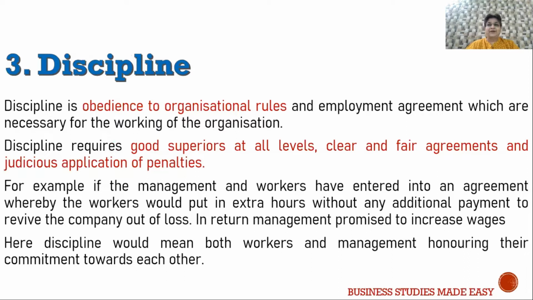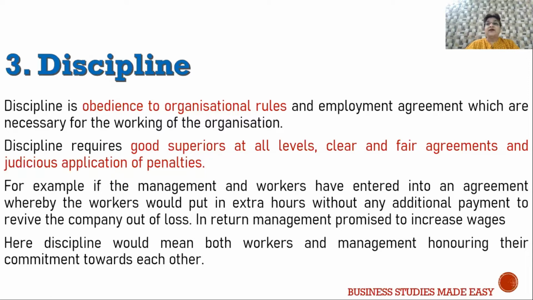Now this example explains it very clearly. Once the management and the workers entered into an agreement that the workers would put in extra hours of time without any additional payment because the organization was going through a lean period. And in return, when the products would be sold, the workers' wages would be increased.